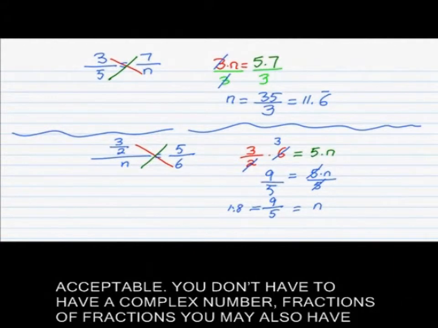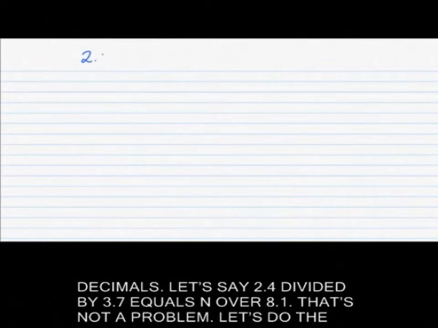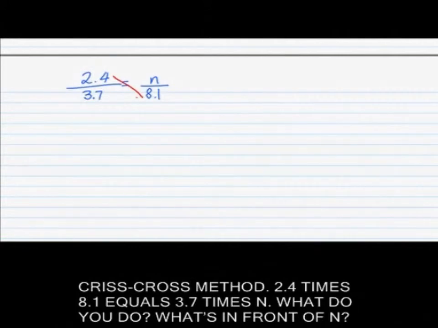You don't have to have a complex fraction, fraction of fractions. You may also have decimals. Let's say 2.4 divided by 3.7 equals n over 8.1. That's not a problem. Let's do the crisscross method. 2.4 times 8.1 equals 3.7 times n.